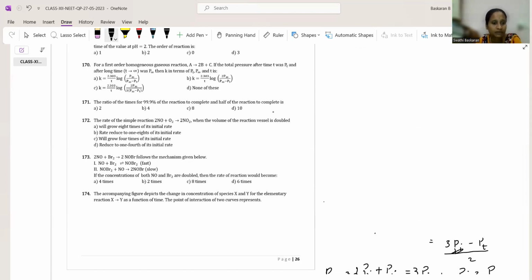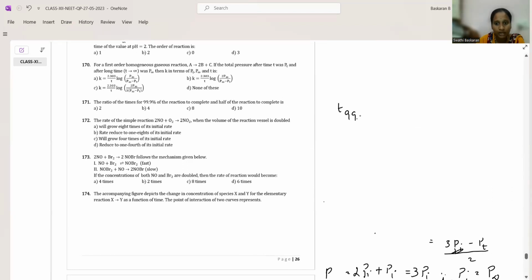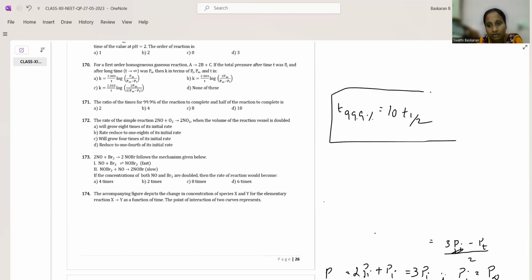This is such a direct question. This is a first order reaction where we know that t 99.9% is equal to 10 t half. So the value is directly based on this equation, and option D is correct, because for a first order reaction, 10 t half will be equal to t 99.9%.